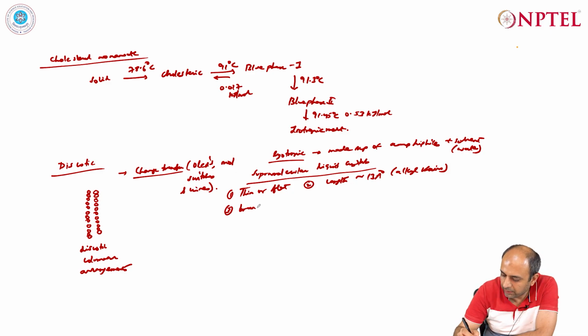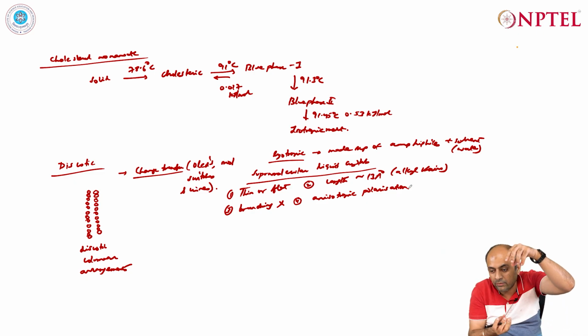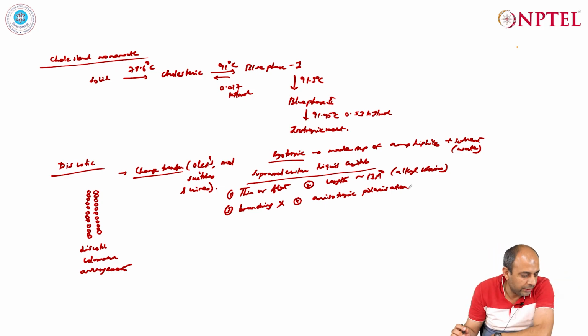Branching is not allowed, and what you need is anisotropic polarization, so that along one particular direction in which you have the formation of these stacking of these molecules, the formation of the hydrogen bonded chains forming these supramolecular liquid crystal molecules, you will have more polarization in one direction compared to the other directions.